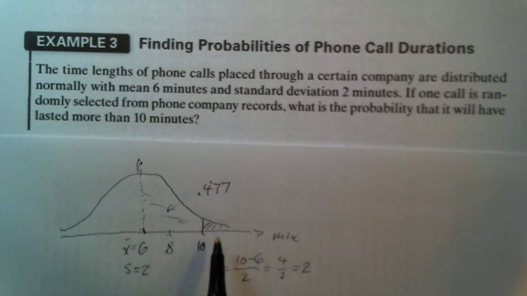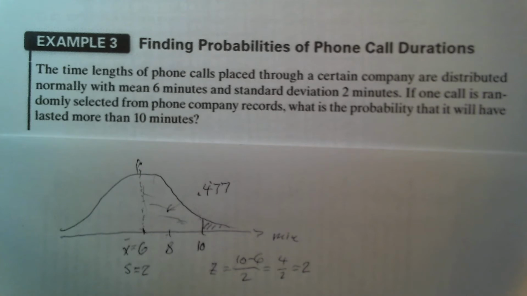So on the right side, we want to know this little tail here. We find that out by subtracting this from half the area: 0.5 minus 0.477. Half the area minus this area will give us the remainder here.